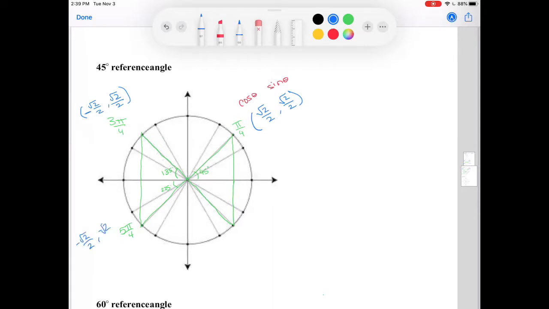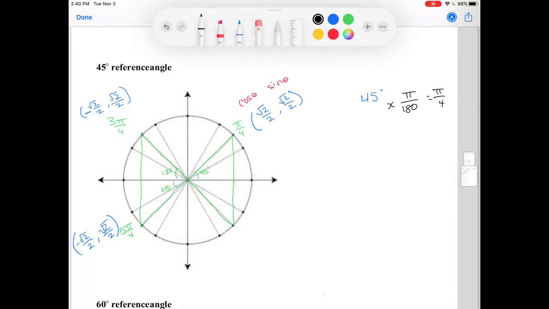Third quadrant. We have 180 now plus another 45, so that's going to take me to 225. This time it is 5 pi over 4. And my cosine and sine both need to be negative, so they're negative root 2 over 2, negative root 2 over 2.